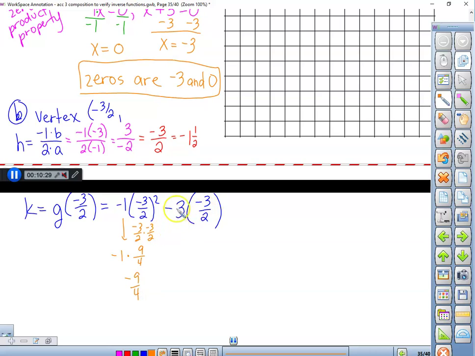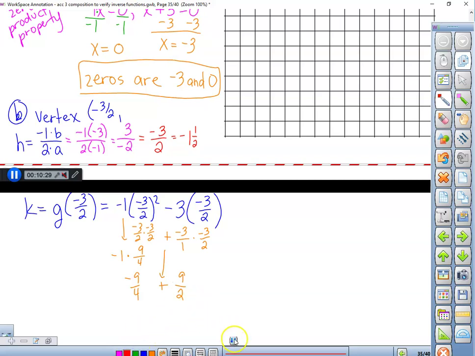Over here, I think it's probably best for us to look at this as a plus negative 3, which has a denominator of 1, times this negative 3 halves. So now, negative 3 times negative 3 is positive 9, over 1 times 2 is positive 2, and we have a plus positive 9 halves.